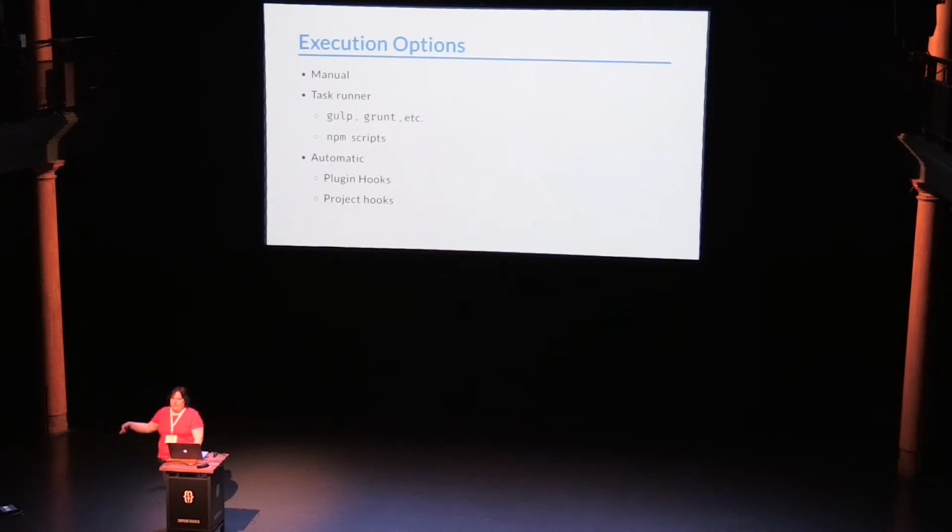And then you'll realize I forgot to run my build step, hit your head on your desk, and go on from there. Practically then, you'll want to use either a task runner, so gulp, grunt, npm, or you can make this automatic, and I'll show you a couple examples later that do just that, so that you can just use your existing Cordova commands and it takes care of it for you magically.